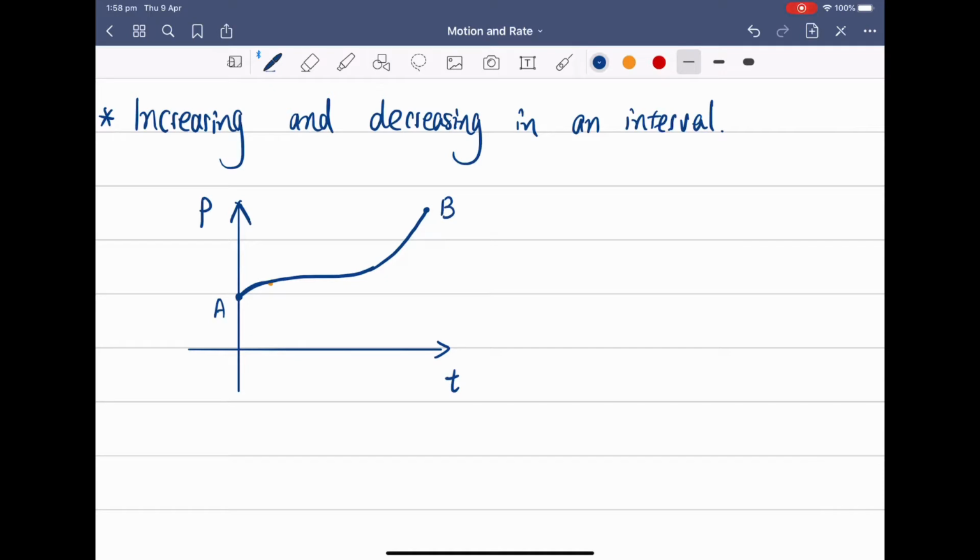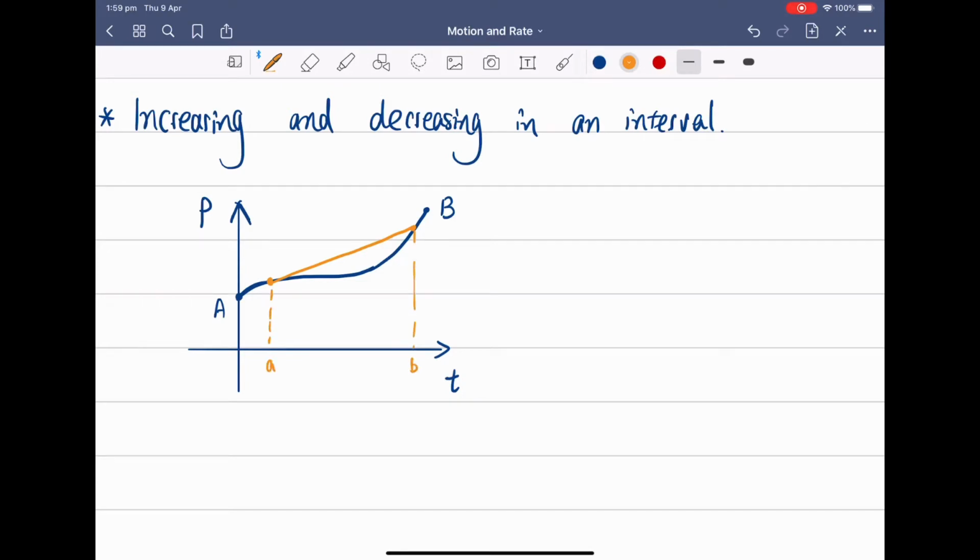So this diagram here. Now if I choose any two points, a point here and a point there, and connect them together, we call that a chord. Within the interval, as you can see, the line is increasing, from the bottom left to the top right, so the gradient of this line is positive. We can call this point A, that is B.